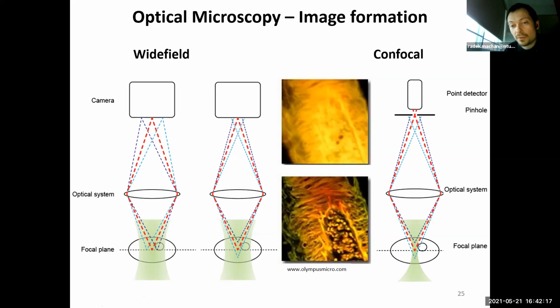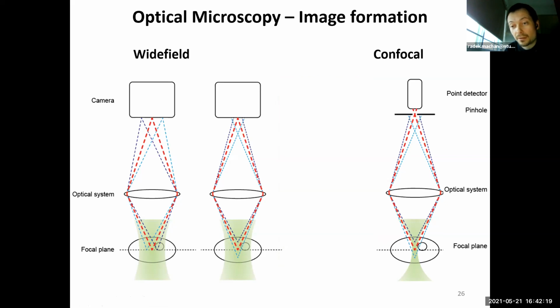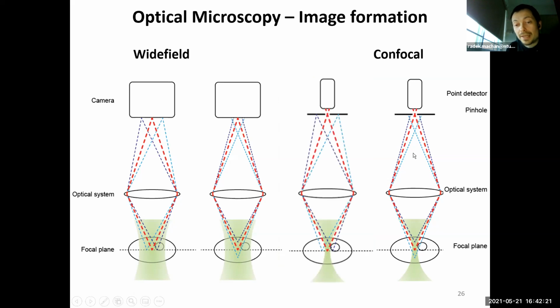Of course, there's one price which I have to pay for that. And that is that if I have light which is coming from the focal plane, but from different points in the focal plane, that will be focused also at different points in the plane of the pinhole and won't pass through the pinhole. So I'm effectively collecting light not from the whole plane, like in a wide field microscope, but only from one small spot.